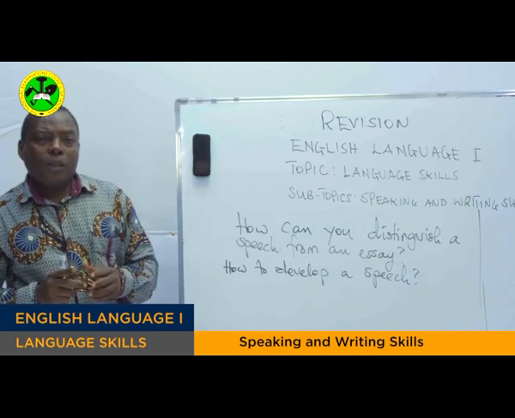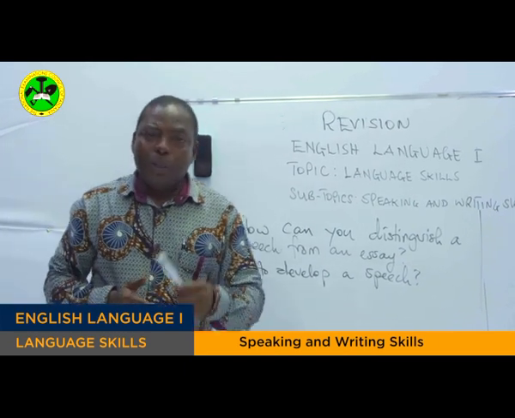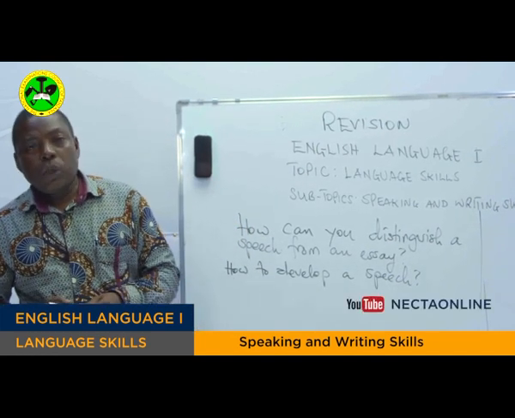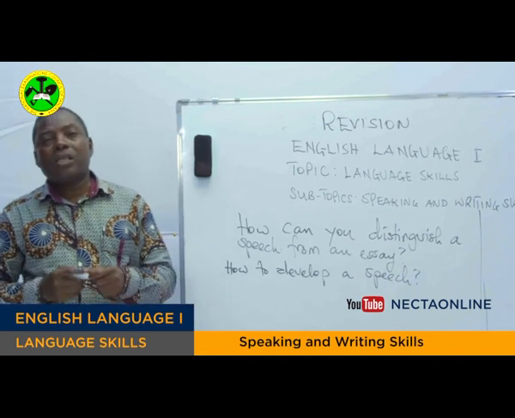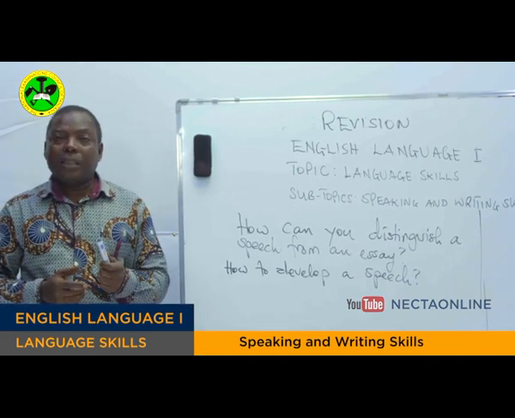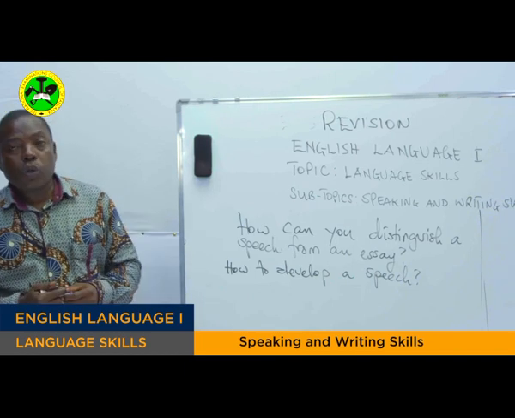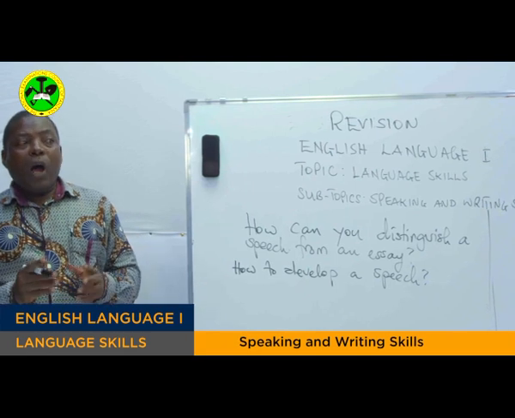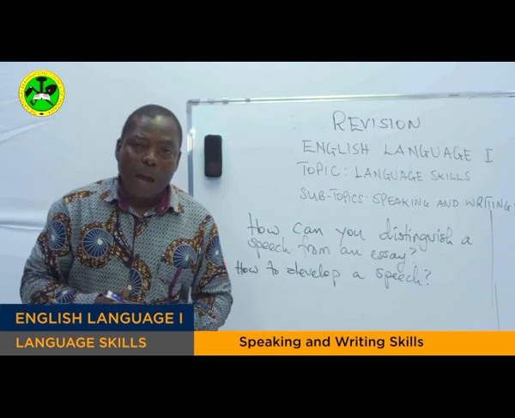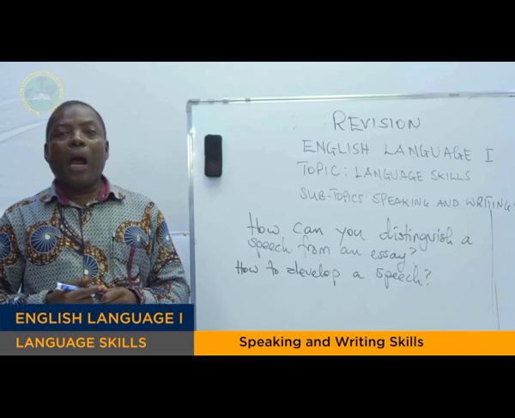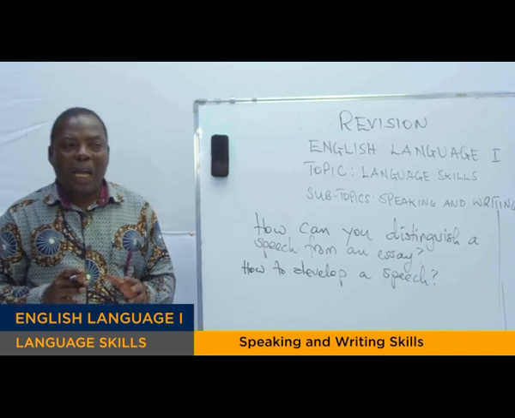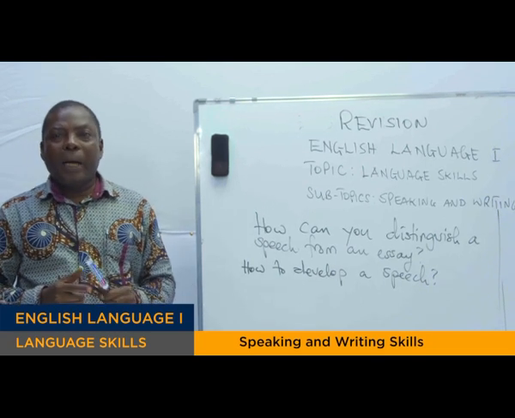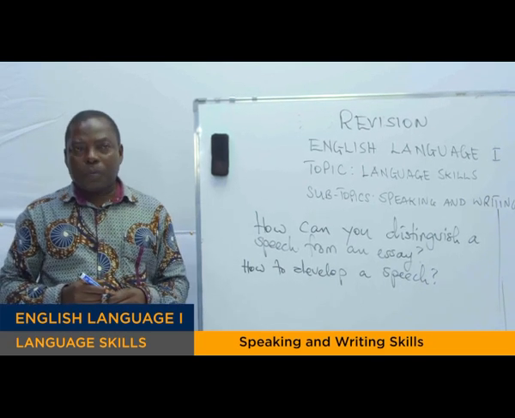For a person to write a good speech, the first thing he or she has to do is to make sure that he or she has read and understood the subject that he is going to present. When you have the content of the subject, that is when you look at the aspects that a person has to follow to make a speech.